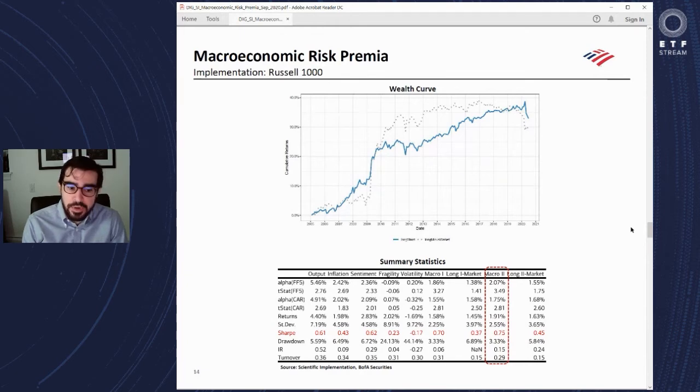If you look at the Sharpe ratios of the macro 1 implementation, which is an equal allocation to output, fragility and volatility, and macro 2, which is an equal allocation across all 5 portfolios, what you can see is that those Sharpe ratios are higher than any of the individual Sharpe ratios that we observe here. Again, our way of interpreting this finding is the fact that our measures are not fully correlated.